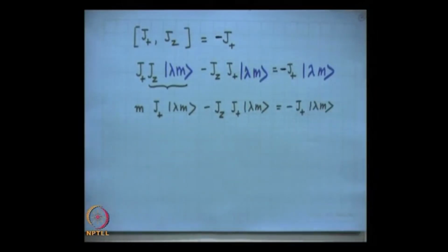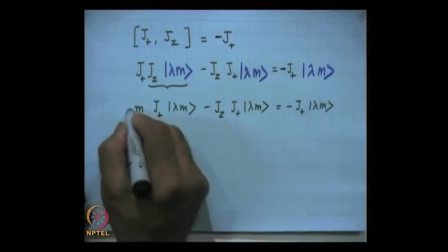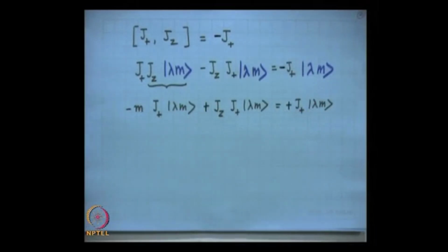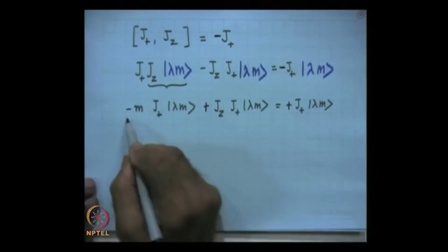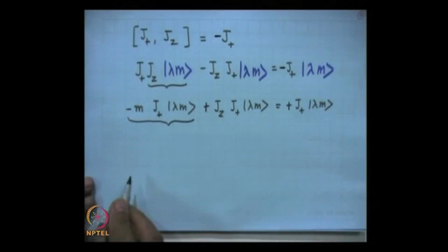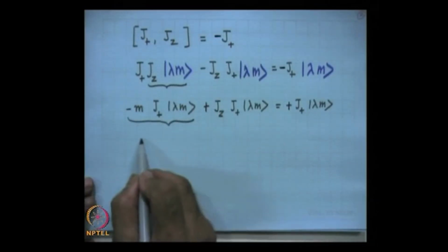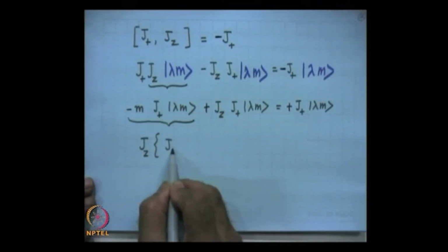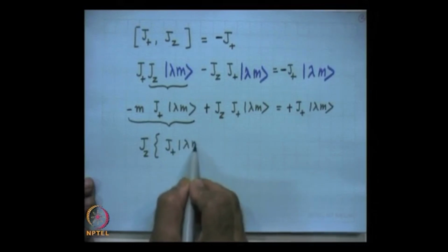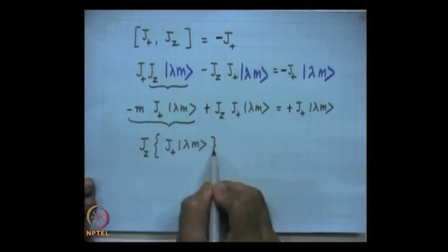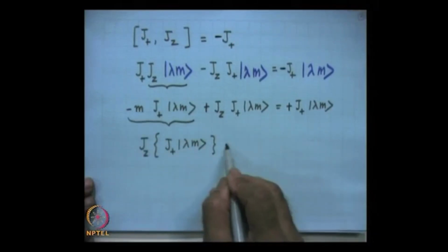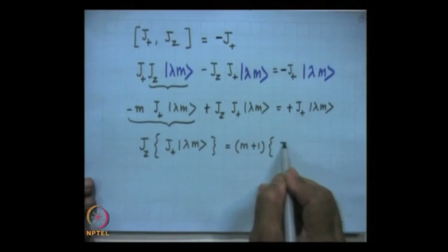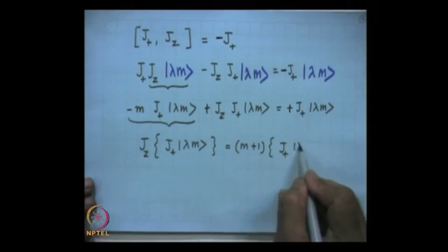So, I multiply all sides by a minus sign. So, I get a minus sign here, plus sign here and a plus sign here. Now, I take this term on the right hand side. So, I get J z operating on J plus ket lambda m is equal to m plus 1 operating on J plus ket lambda m.